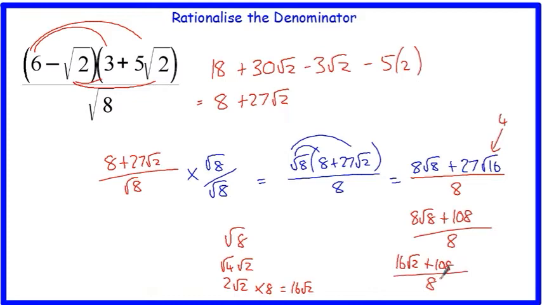Now, does 8 go in there? It does not. But 4 goes in there, 4 goes in there, and 4 goes in there. So I'll leave my final answer as 4 goes in there. Then 4 root 2 plus 27 over 2.